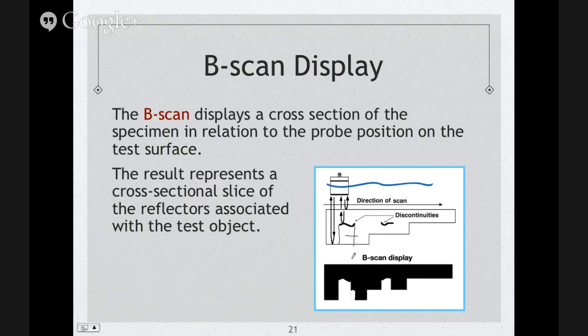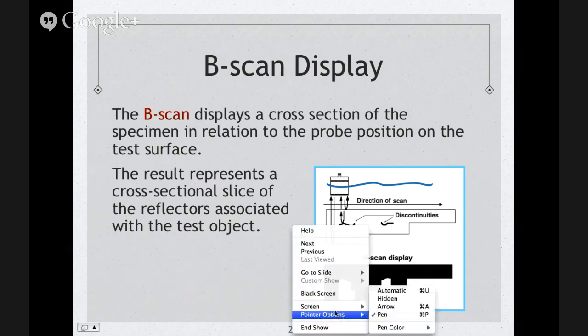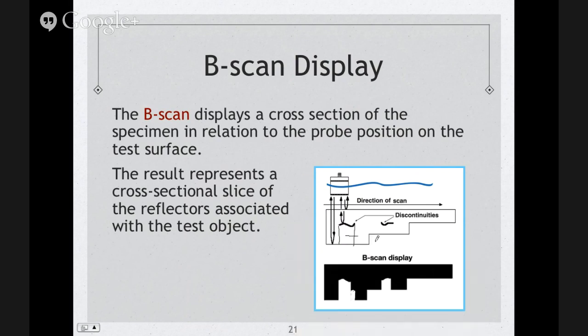Because you're not going to be able to see anything that's beyond that line. So this is your B-scan, a cross-sectional view. And if you didn't have any defects here, this would be all black, and obviously this would be all black also.